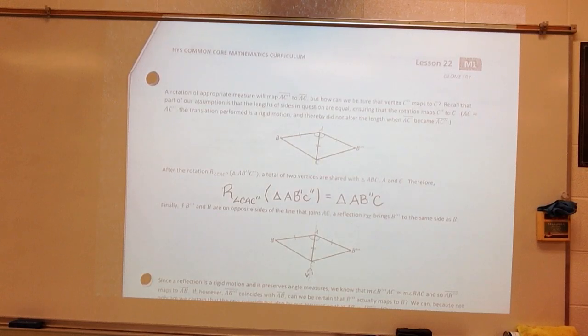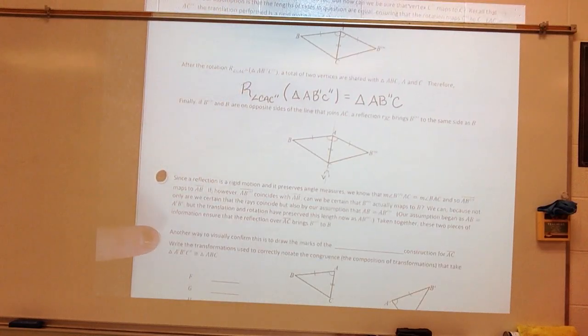If, however, AB triple prime coincides with AB, can we be certain that B triple prime actually maps to B? We can, because not only are we certain that the rays coincide, but also by our assumption that AB is equal to AB triple prime. Alright? Like I said, I know it's a lot of terminology, but guys, it's really not as hard as it sounds.